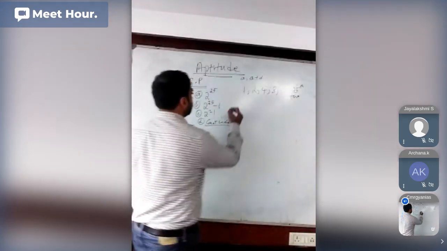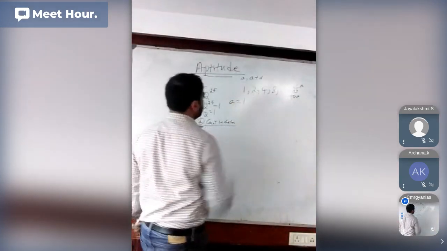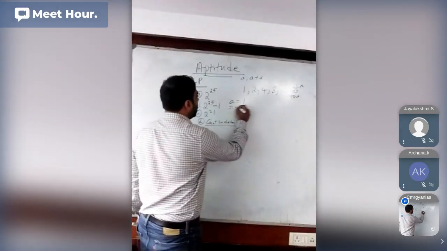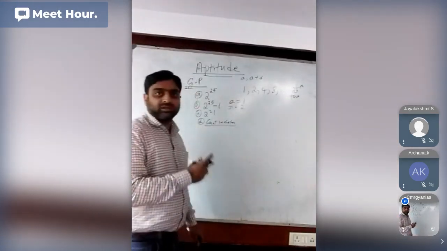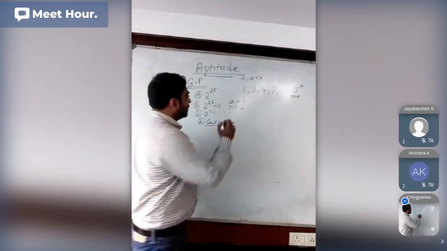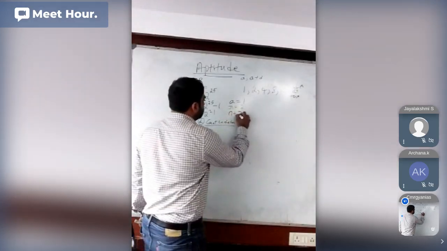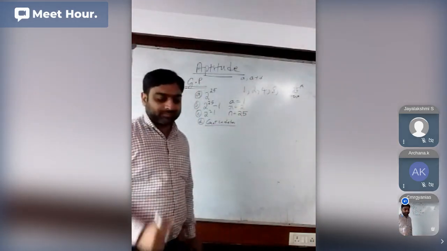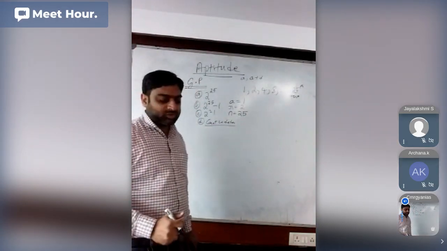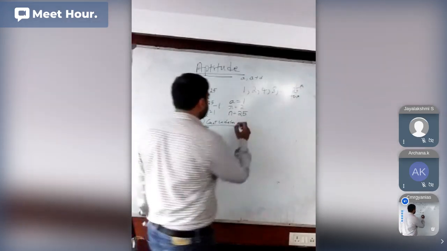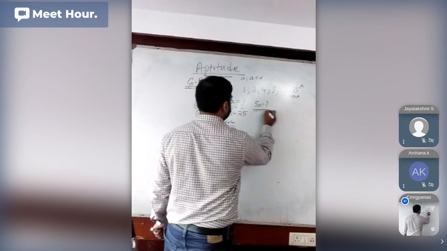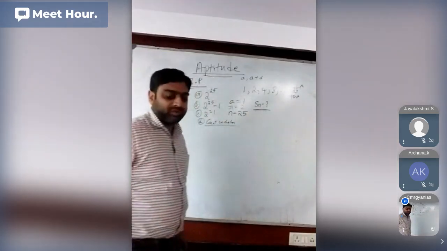So here A is equal to 1. Then R is equal to 2, again, as I have told you. N is equal to 25, because it is the 25th term. And what are we supposed to find out? We are supposed to find out S of n.